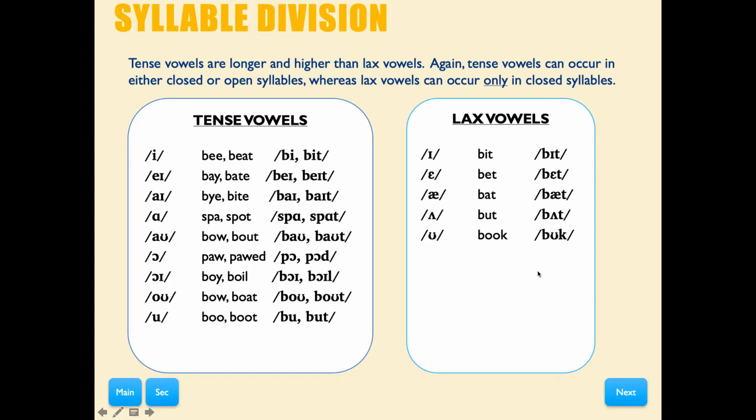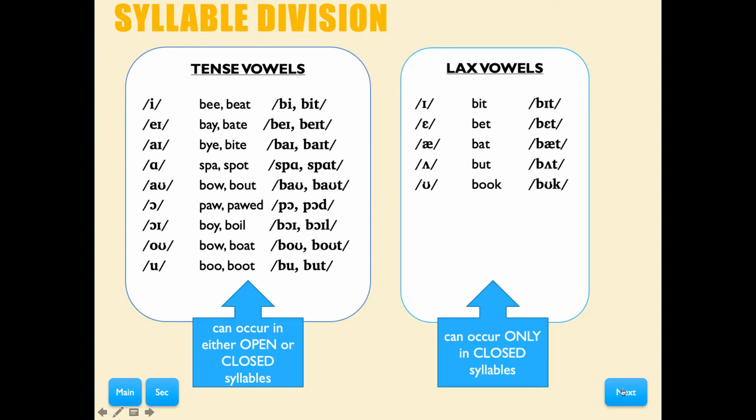They can never occur in an open syllable. Again, tense vowels can appear in either open or closed syllables, and lax vowels can only appear in closed syllables.